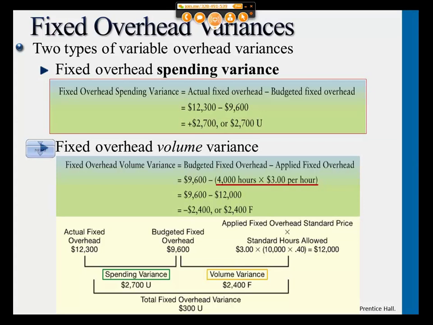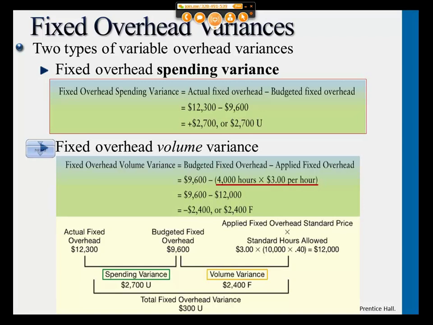That's 4,000 hours, and the same rate of $3 per hour that we had before. Okay, so it's 9,600 minus 12,000, and we calculated it as 2,400 favorable. All right, so we are going to be applying this rate of $3 per hour to apply the fixed overhead to jobs, right?